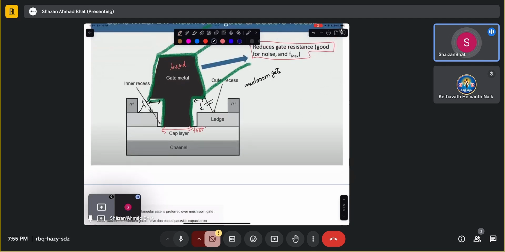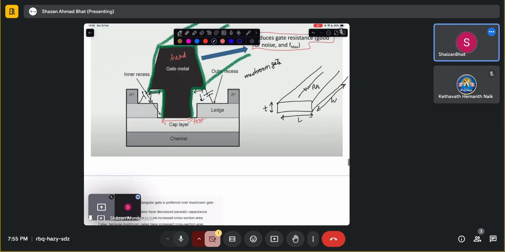If you don't have a mushroom gate, if you have a simple gate stack, which is just like a rectangular bar, then you have the gate resistance in this direction. This is the resistance provided by the gate. This is, let's say, the thickness of the stack, this is the gate length, and this is the gate width. From simple basic 10 plus 2, you can write the gate resistance as rho W over T times Lg, which is basically rho W over the cross-sectional area.